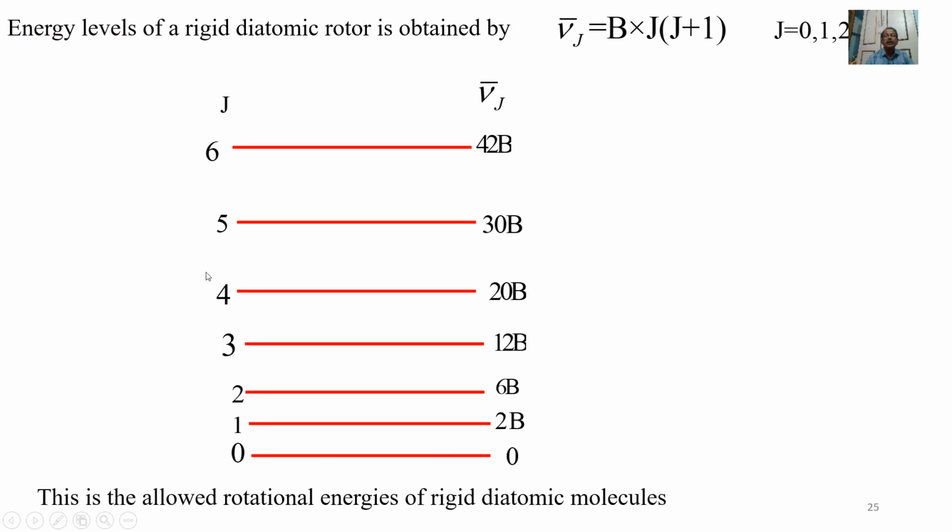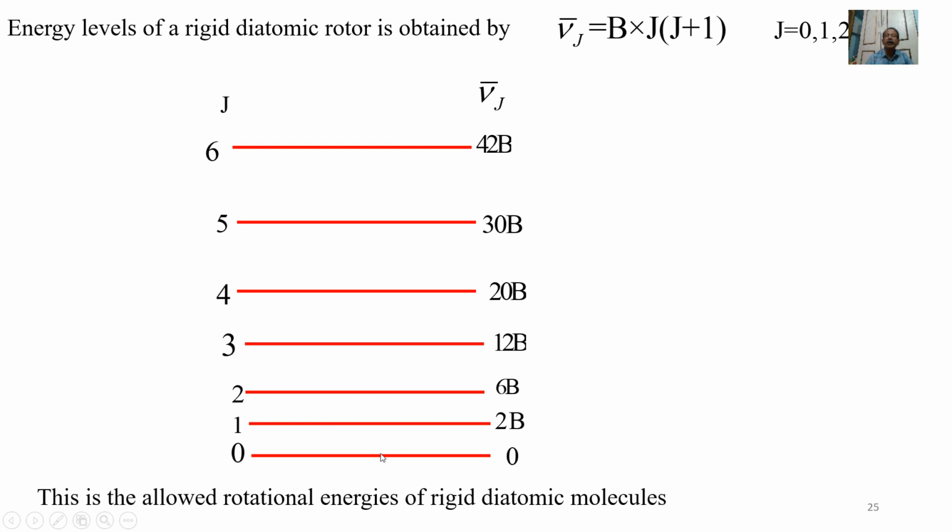Now, the energy levels of a rigid diatomic rotor are obtained by this equation. So, the wave number equals B, the rotational constant, multiplied by j into j plus 1, where j equals 0, 1, 2, 3 and so on. So, you substitute j equals 0, this represents the first level, the ground state, ground level.